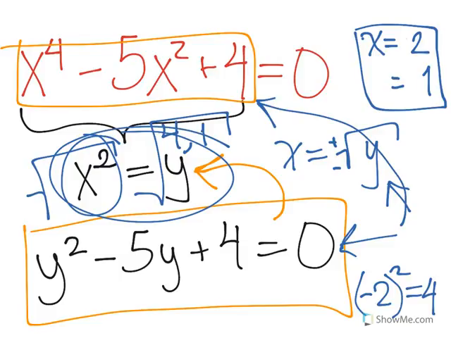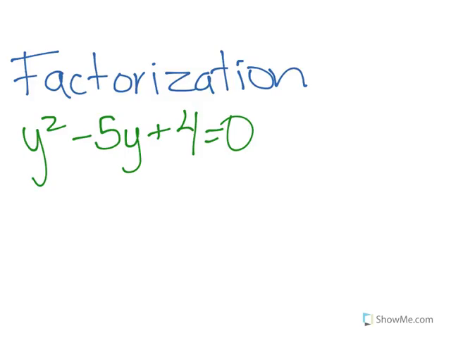So this is actually plus minus 2 and plus minus 1. So here we see that our function crosses the x-axis twice at positive and negative 2 and positive and negative 1. But now let's use another way of finding the zeros.